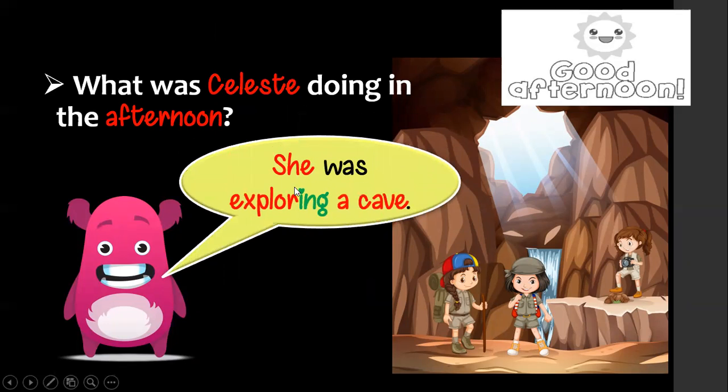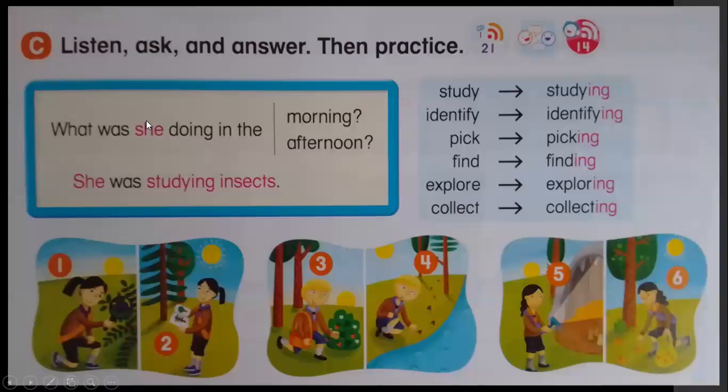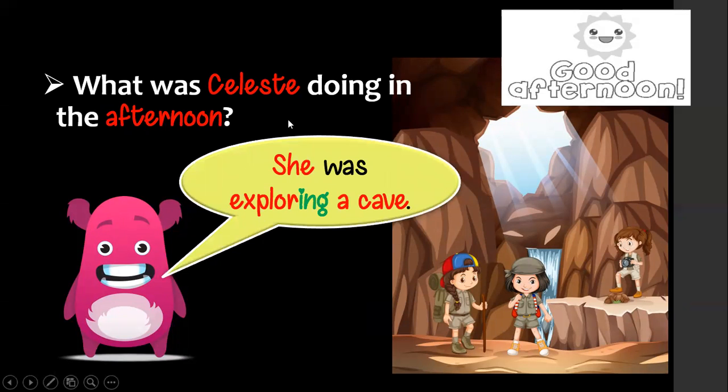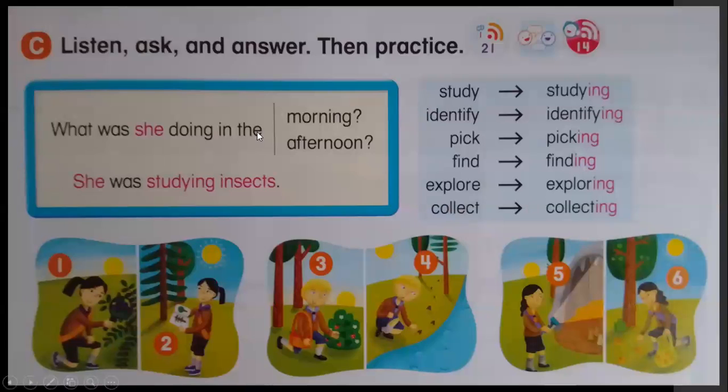Good. So one more time, look here, we add the ing. We can also ask, what was Henry doing in the afternoon, for example? Oh, wait a second. We can answer, he was exploring a cave.